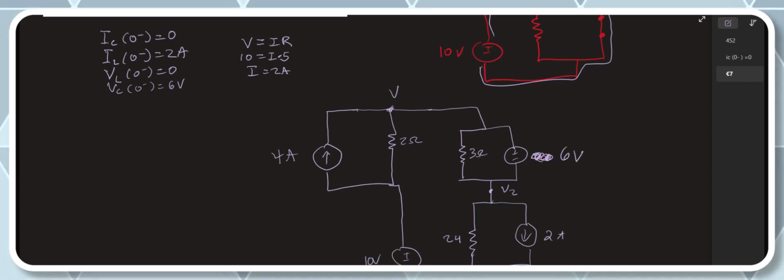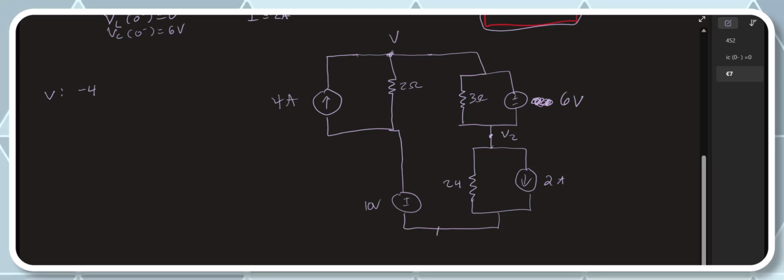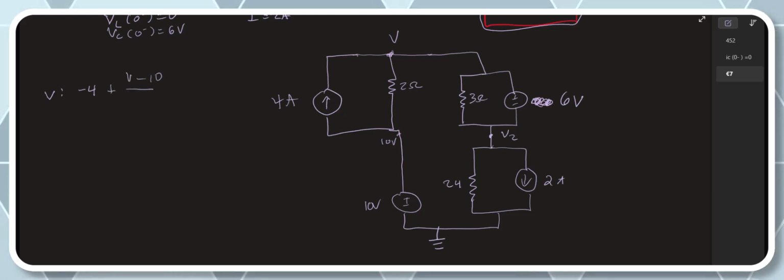So I'm going to write a node equation for V. At V, I have minus 4 from the 4 amp current source, and let's put ground here. So that means we're at 10 volts right there. So plus V minus 10 over 2 plus V minus V2 over 3, and then I have some current here, I'll just call it IC, plus IC equals 0.